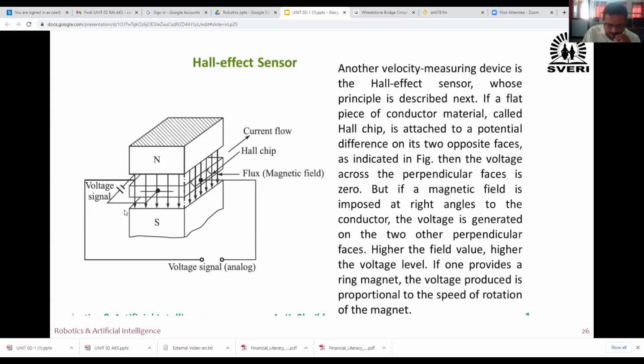Therefore, higher the field value, higher the voltage level. This is nothing but the Hall effect sensor, and you can connect this Hall chip to the object whose velocity or displacement we have to measure. Therefore, the voltage can be directly calibrated in terms of velocity or displacement, and we get the value.